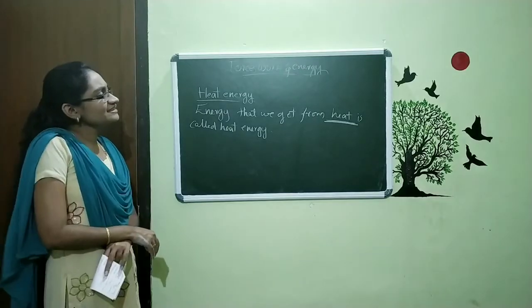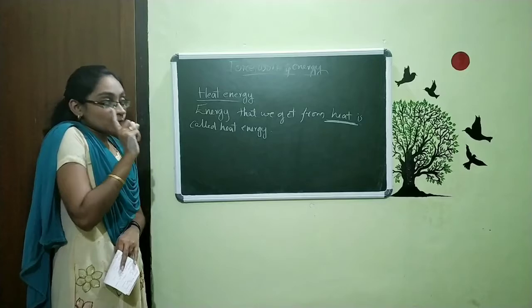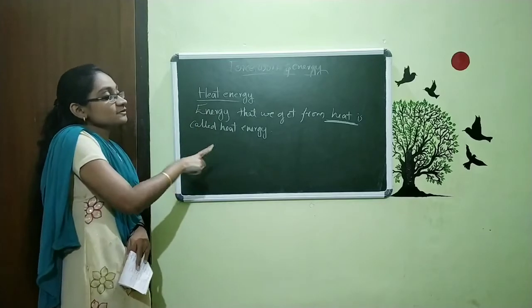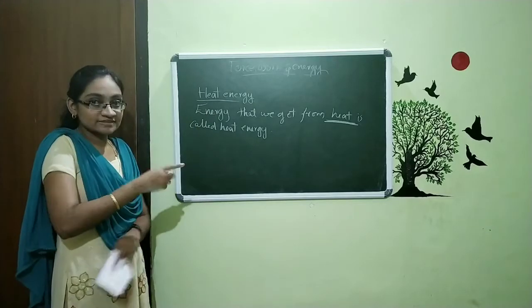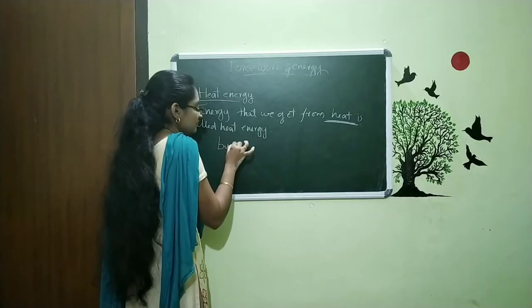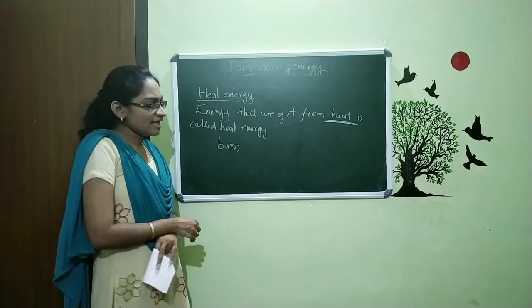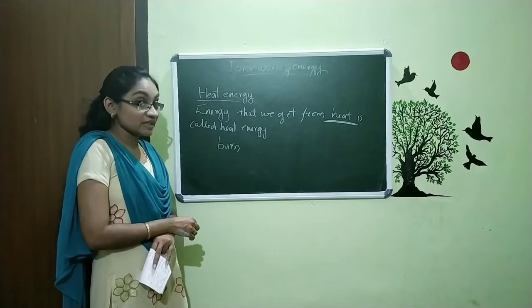So the question is, where are we getting this heat? We get heat from things that are burning. When we burn something, we get heat energy. And what are the things we burn?